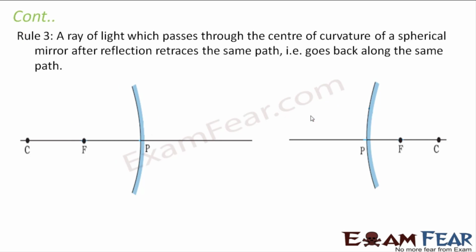Let us look at rule number 3. It says that a ray of light which passes through the center of curvature of a spherical mirror, after reflection retraces the same path, that is, goes back along the same path. So let us suppose you have a ray of light which passes through the center of curvature.